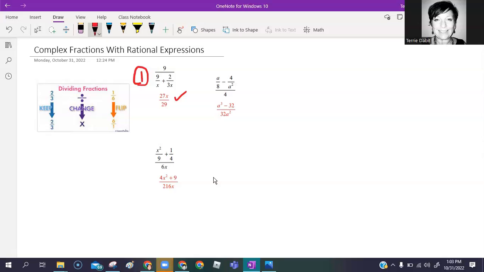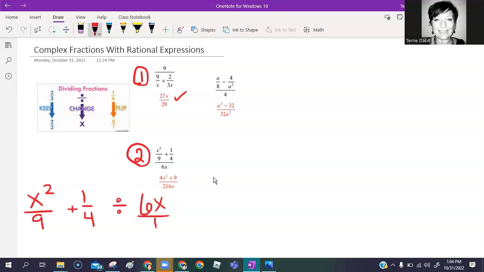All right, number 2. Number 2 says I have x squared over 9 plus 1/4 divided by 6x. Remember, that's 6x over 1.